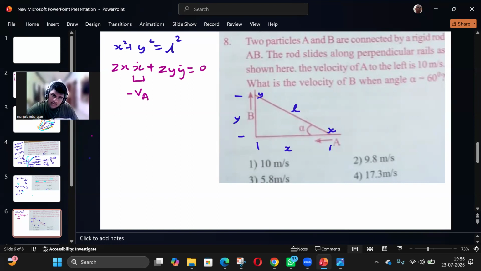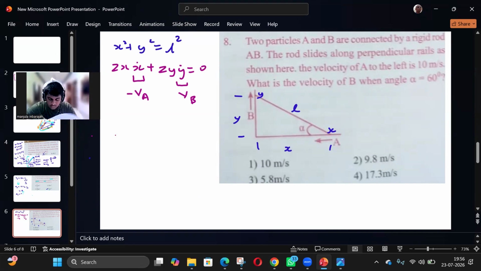So x dot is minus VA, and y dot is plus VB, because B is moving in the positive direction. So the velocity of B is the rate of increase of y, and VA is the rate of decrease of x.